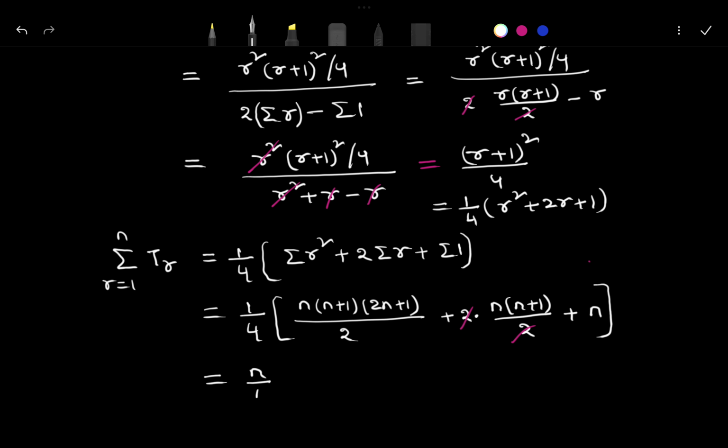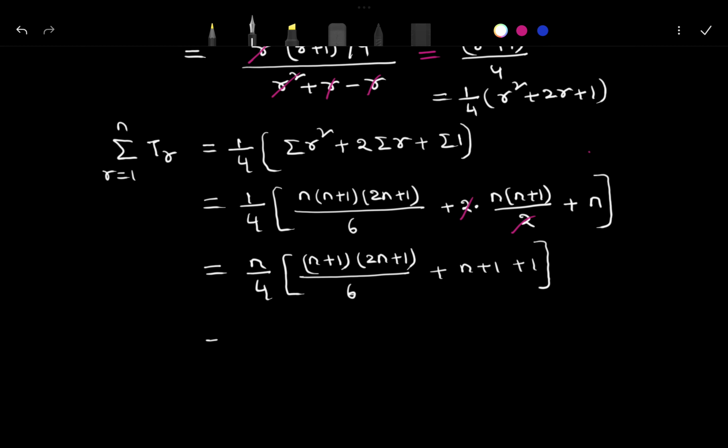So n by 4 into (n plus 1) into (2n plus 1) whole divided by 6, plus (n plus 1) plus 1. So this is the value. Now by simplifying, n by 4 into (2n square plus 3n plus 1) whole divided by 6, plus n plus 1 plus 1, which is n plus 2.